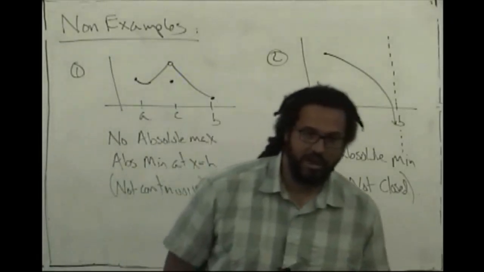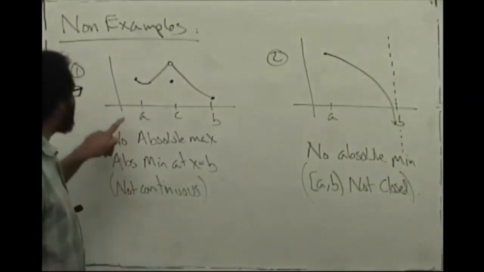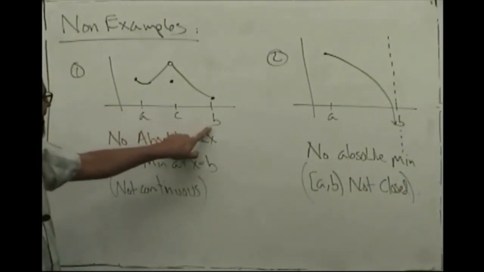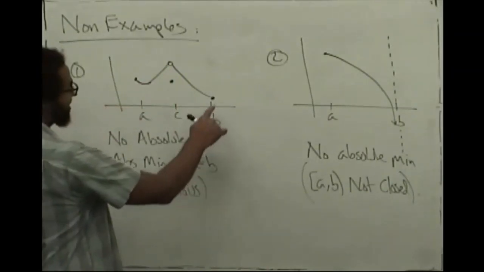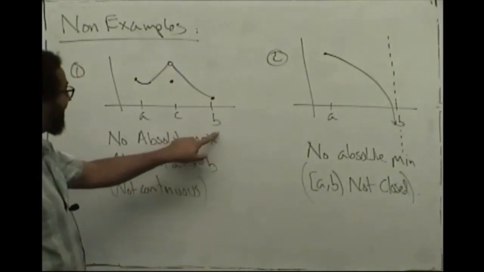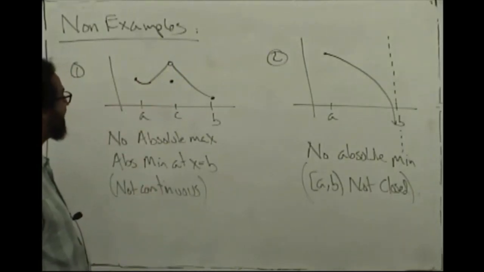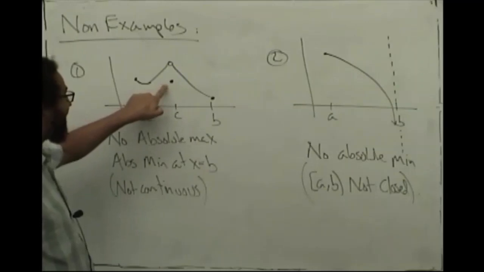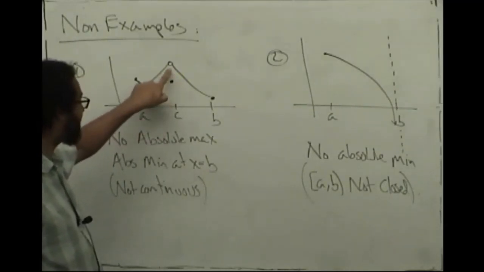Okay, here's where this theorem could break down. So some non-examples. Here you've got a function f defined on a closed bounded interval from a to b, only it's not continuous. In this case, we do have an absolute minimum, a lowest point on the graph at x equals b, but there is no highest point on the graph. This f of c is not the highest point on the graph, so there's no maximum at x equals c.